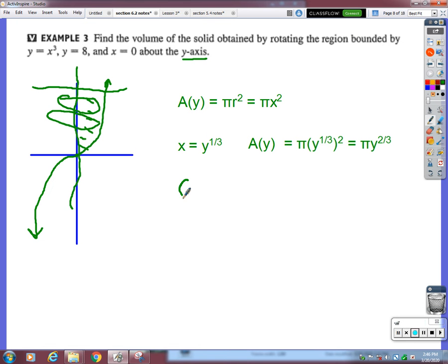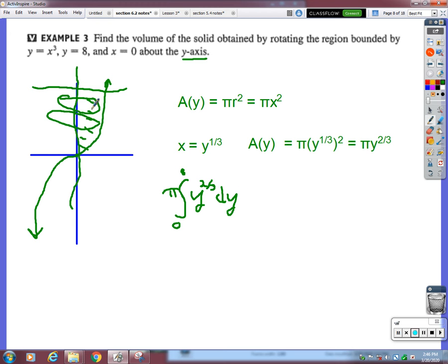It's not going to be pretty, so I have to do the integral from, we're going from here to here, so from 0 to 8 of pi y to the 2/3 dy. Now remember the pi is just a constant, so I'm going to pull that out in front, and then y to the 2/3, and then dy.